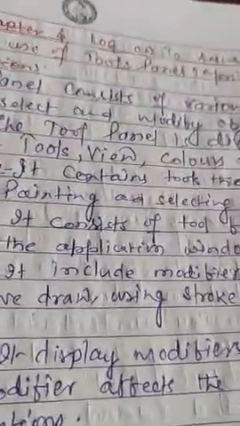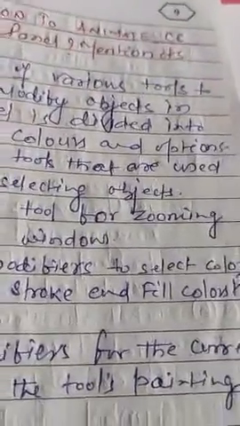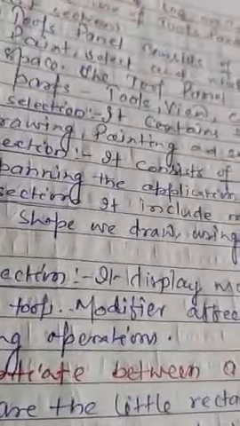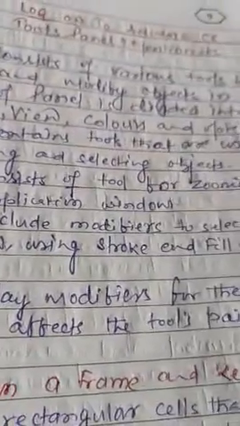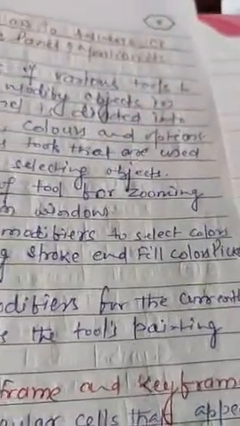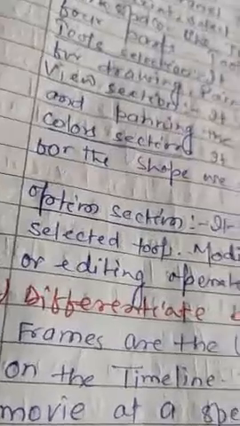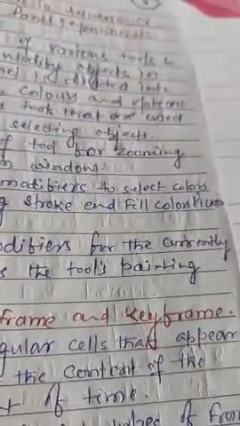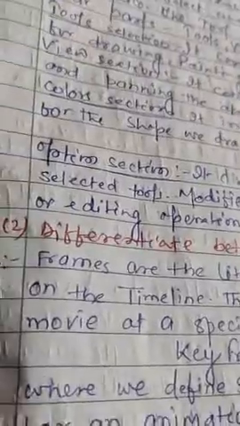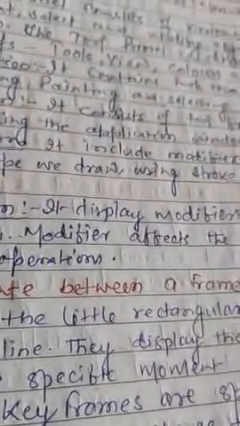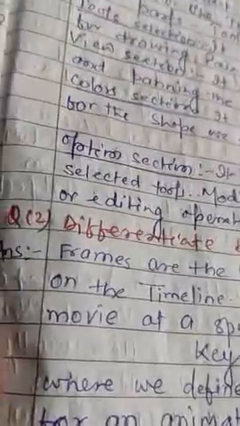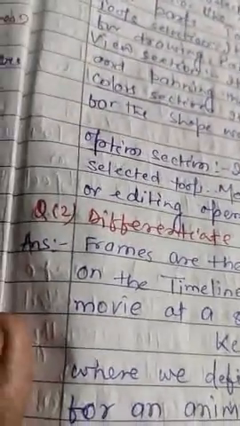It includes modifiers to select colors for the shape we draw using the stroke and fill color pickers. Option section. It displays modifiers for the currently selected tool. Modifiers affect the tool's painting or editing operations.